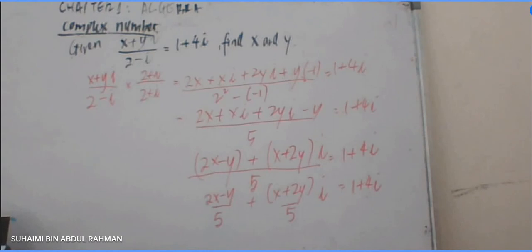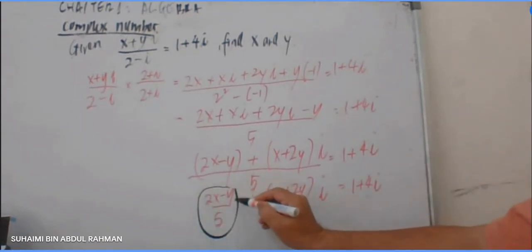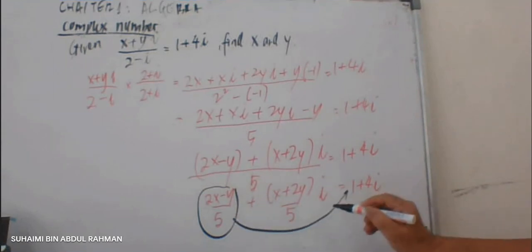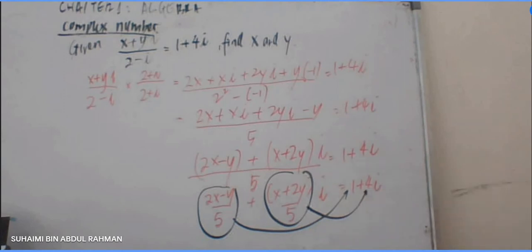Then compare 2x minus y, x plus 2y, and 4.